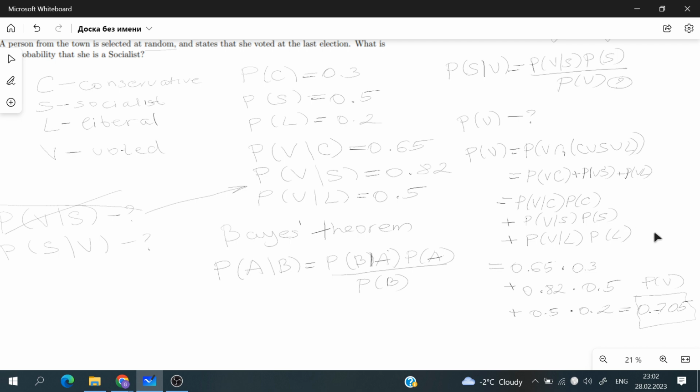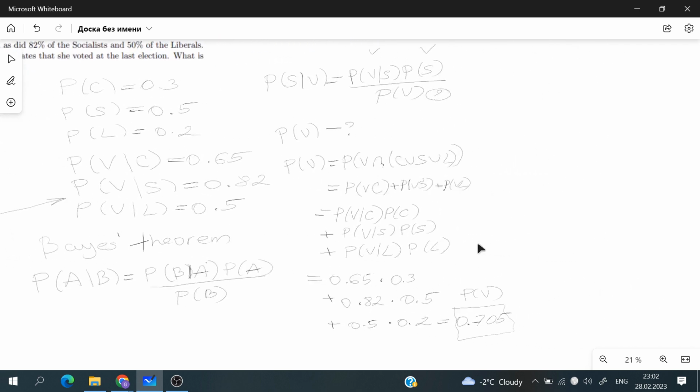Now let's find our main question. So it equals P of V given S, which is 0.82, times P of S, which is 0.5, divided by 0.705.